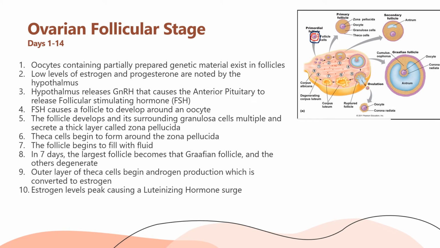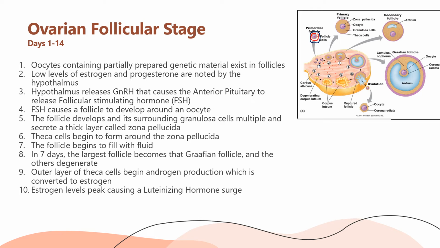Now this takes a little bit of time for the follicle to develop to this point. Once it's developed to this point and it has its zona pellucida and its theca cells in place, at that point it can start to produce estrogen. Now by day 7, so halfway through the ovarian follicular stage, all of these little follicles might be producing some estrogen.